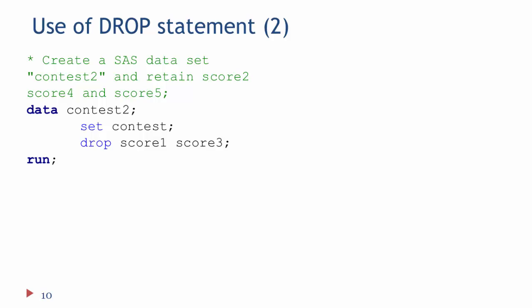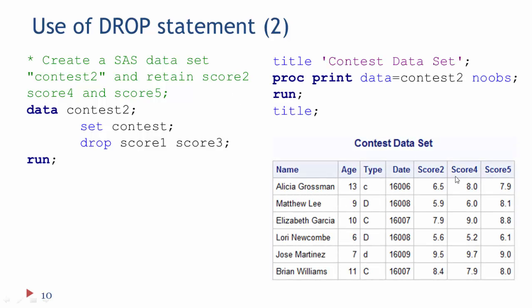So here we are using the set statement to read the contest data and create a new dataset called contest2, and we are dropping score 1 and score 3 because we want to keep only score 2, 4, and 5. And when you print the data, you get a new dataset with score 2, 4, and 5. Obviously, we want to retain all other variables, such as age, type, date, and name.